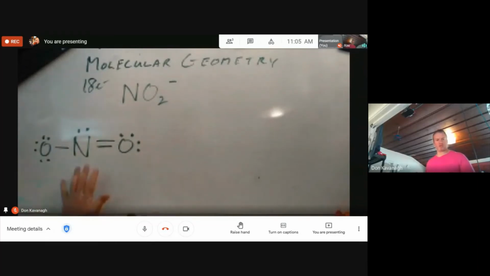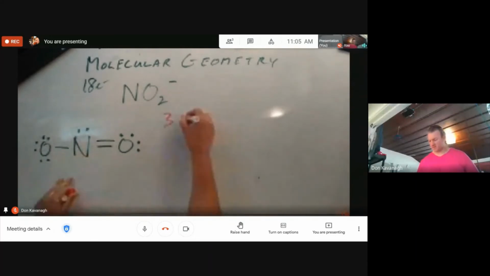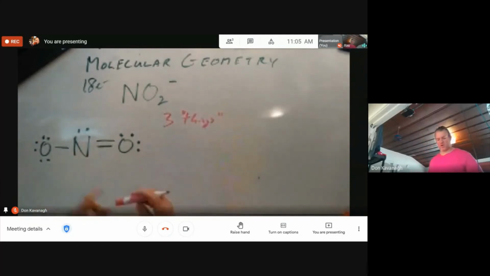This two-dimensional static picture doesn't show the geometry around the central atom as best as possible. So let's look at just the central atom here. The central atom here is surrounded by 3 things. And I say things just to keep it very general, because there's one thing over here, one thing over here, and one thing over here.